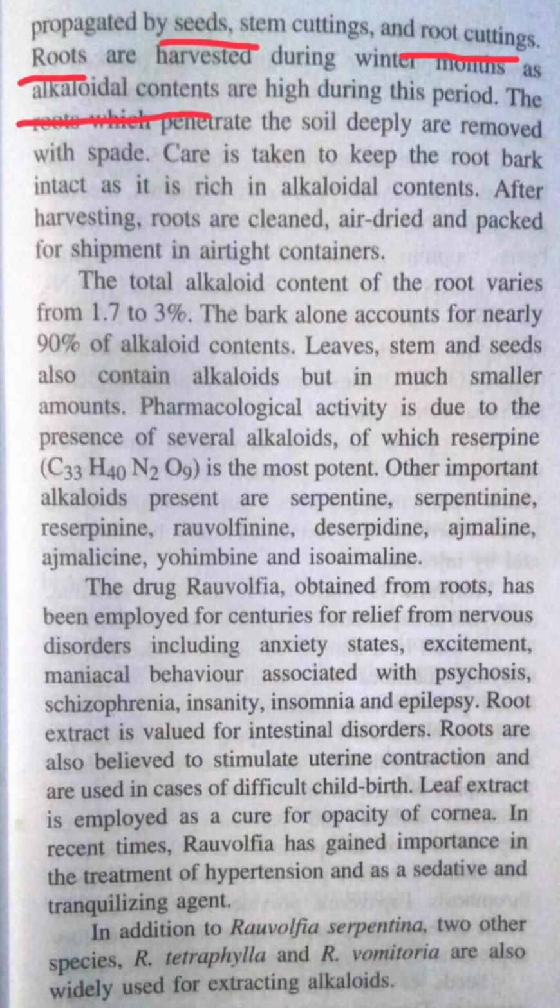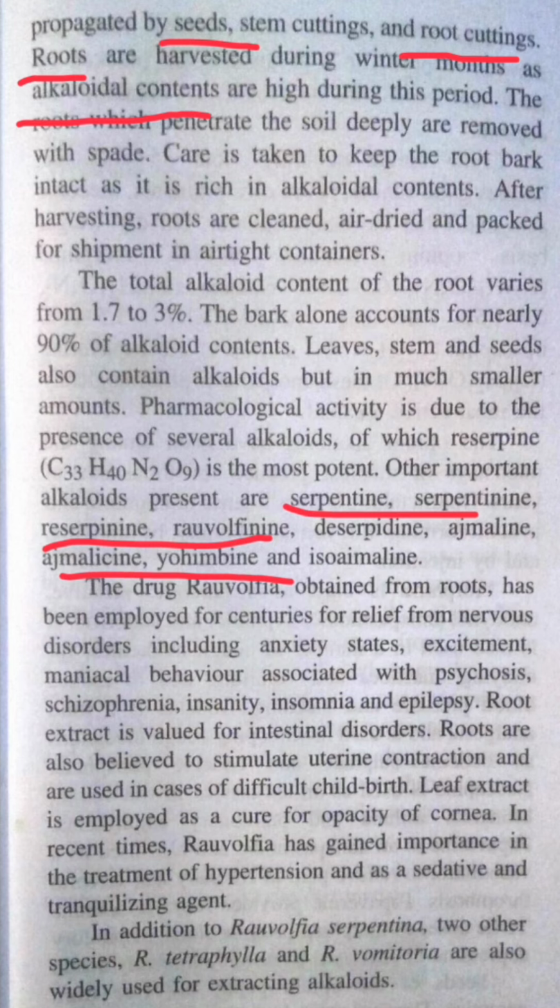Now what are alkaloids? They are nitrogenous compounds which are obtained from the plant and which have a pronounced physiological action on humans. And you will see here that many alkaloidal compounds are present in this particular crop plant.